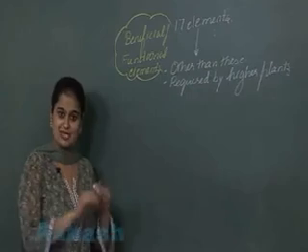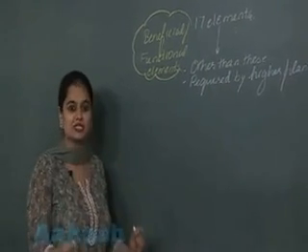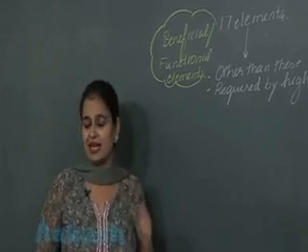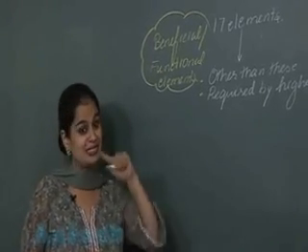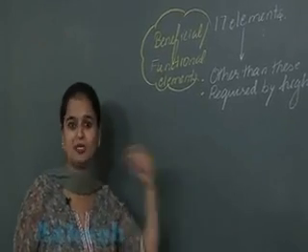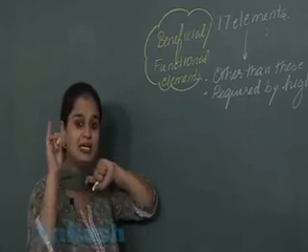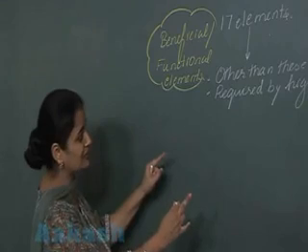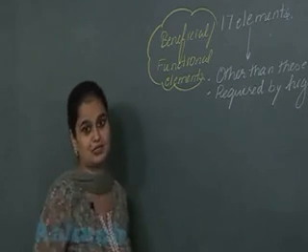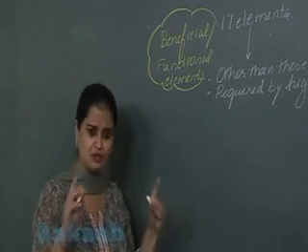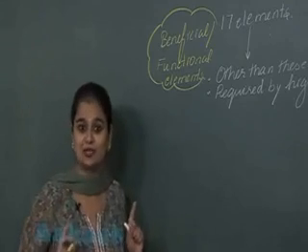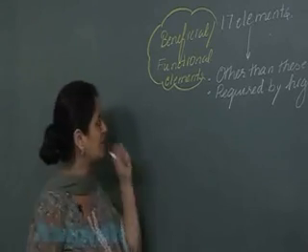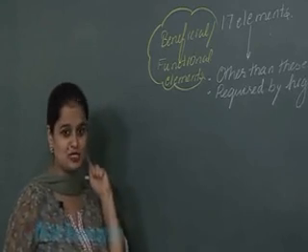The 17 elements are essential and are required by each and every plant, but the requirement of the other elements is restricted only to higher plants. Since they are not required by each and every plant, they are required by only higher plants, and you will call them beneficial or functional elements.